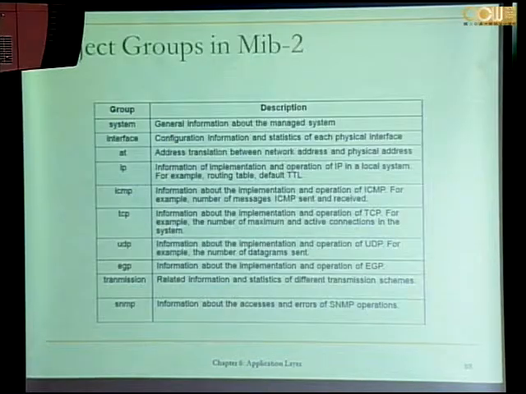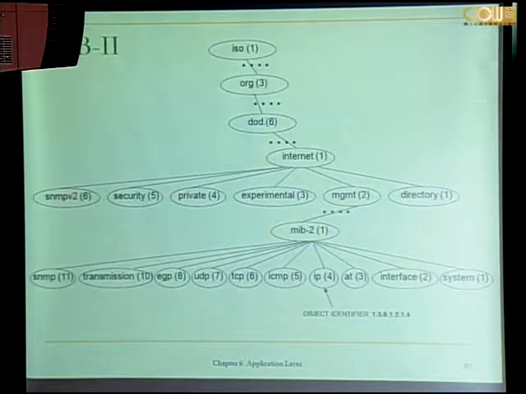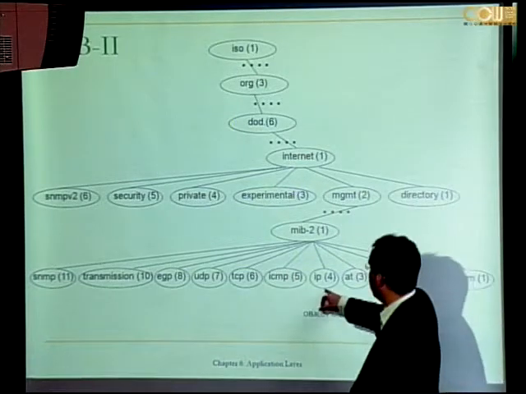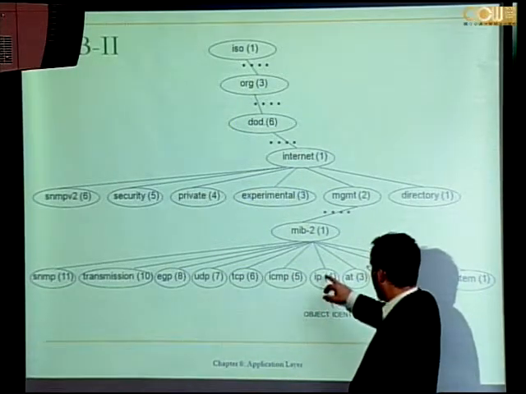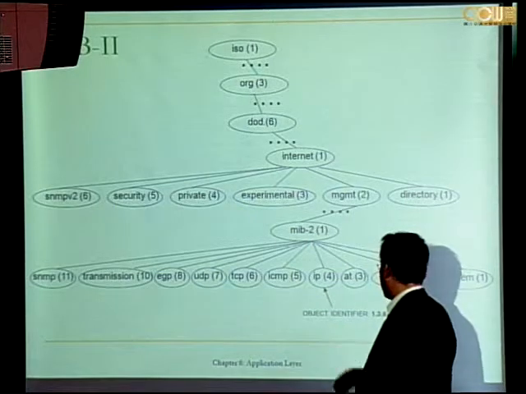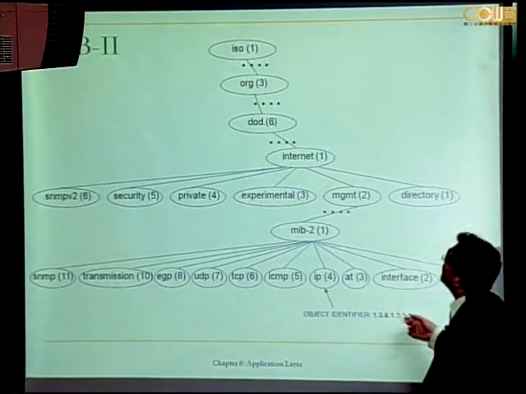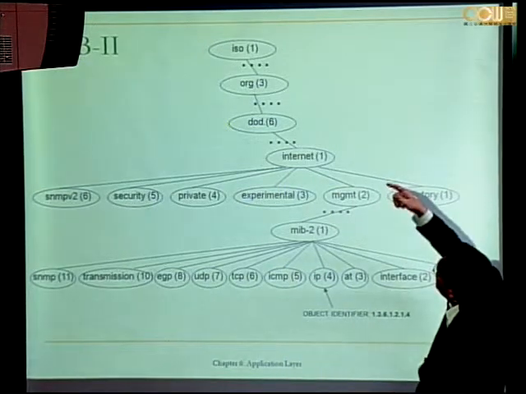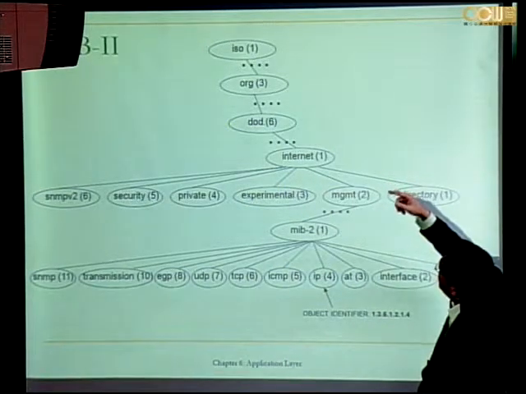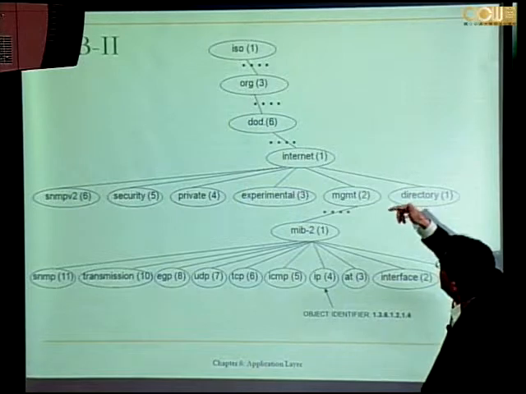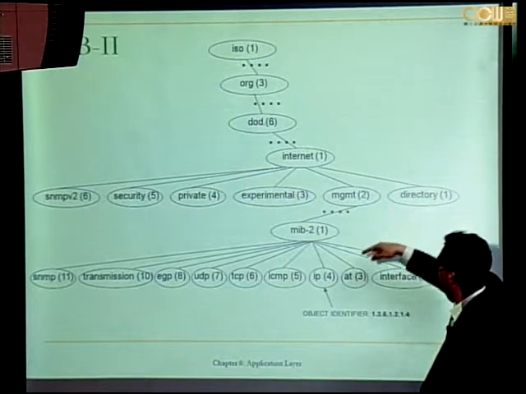So for example, if you want to identify this object, and under this object, there could be many objects, you would have an identifier of this, 1.3.6.1.2.1.4.